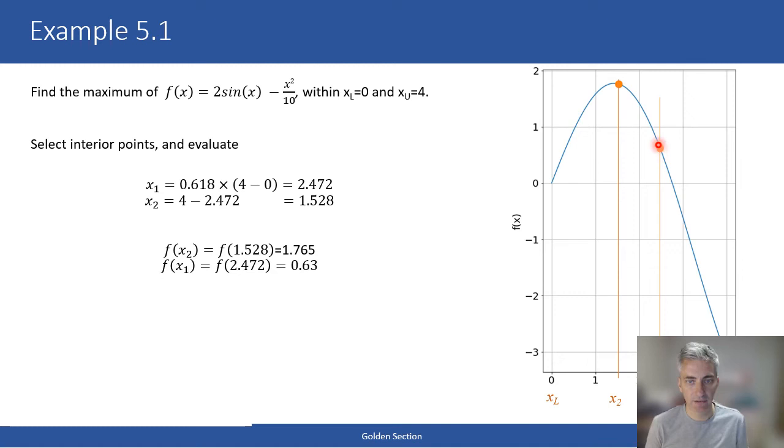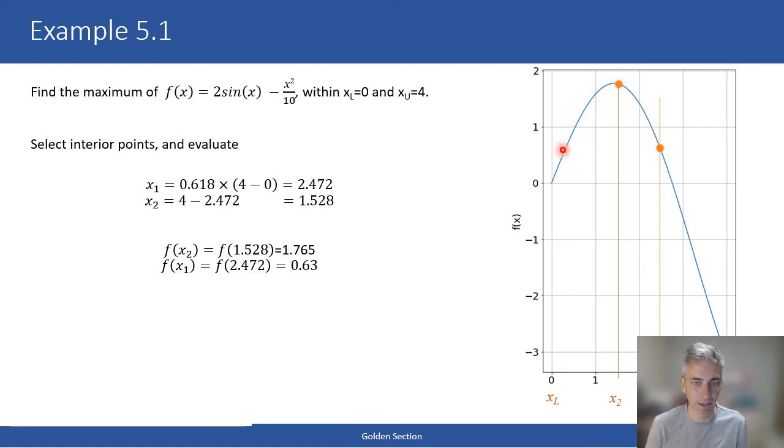So this means that we know the peak is going to be to the left of x1, because x2, which is a smaller position of x, to the left of x1, produces a higher value.